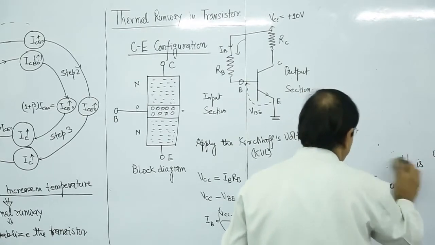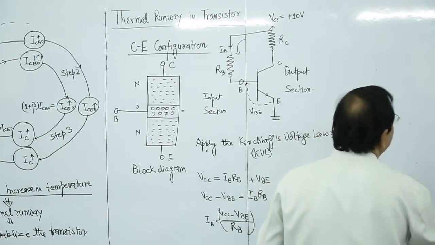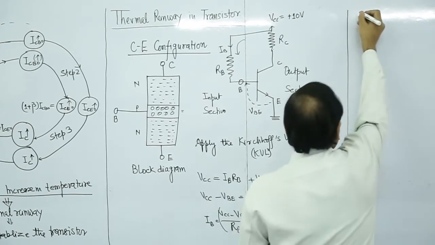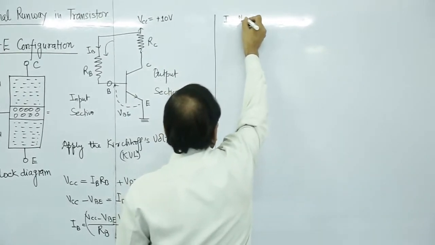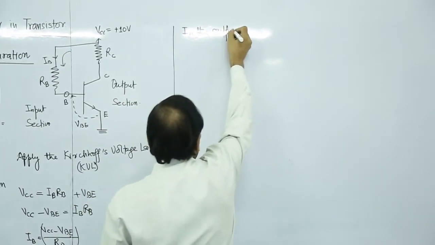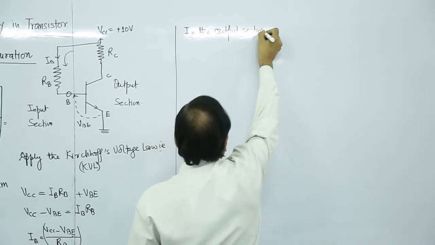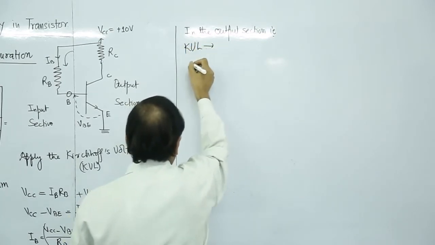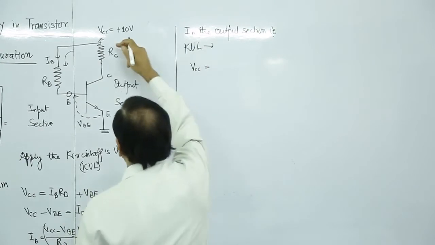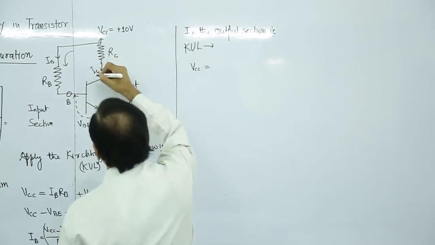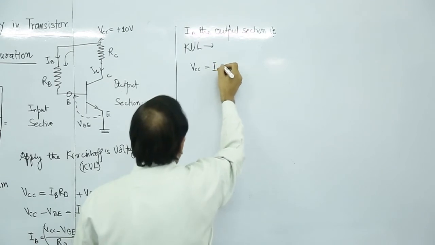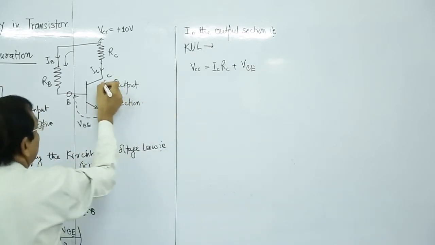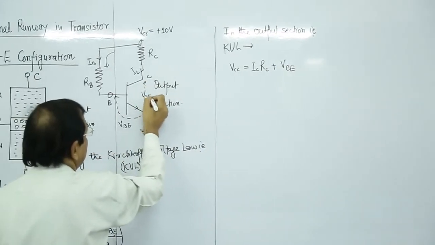In the output section, again we apply Kirchhoff's voltage law, KVL. VCC is equal to, here the current flow is IC, so IC RC plus VCE, this voltage across this is VCE.